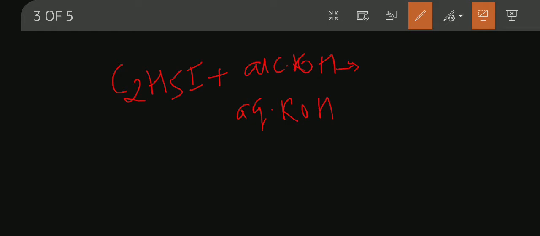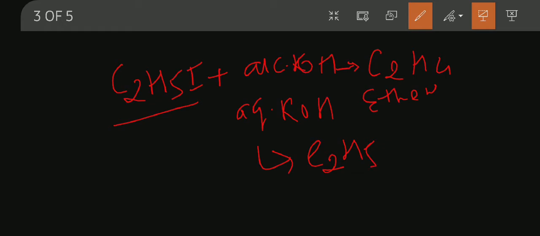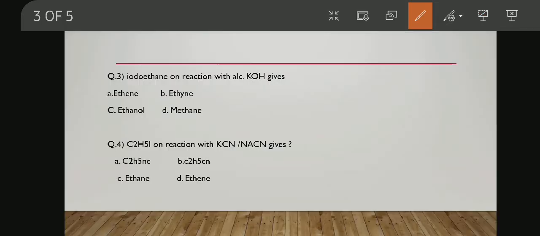With alcoholic KOH, iodoethane undergoes dehydrohalogenation and ethene is obtained, and with aqueous KOH, C2H5OH substitution will happen and ethyl alcohol or ethanol is formed. So in this question we are told alcoholic KOH, so we will go with option A, ethene.